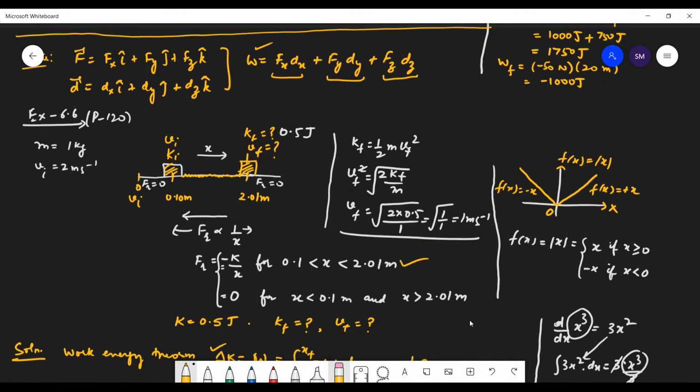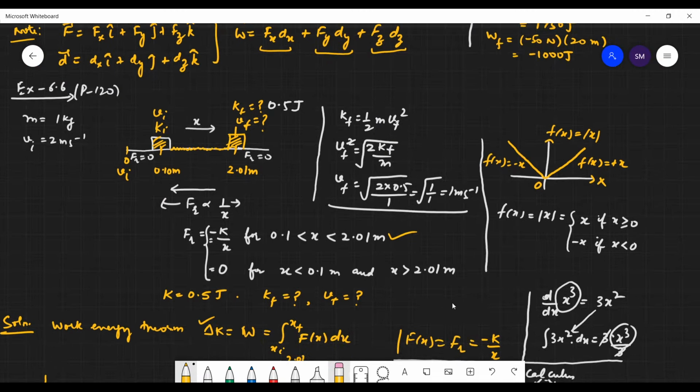Then we did another example, 6.6. You have a box here, and then there is a rough patch on the surface, so there is a resistive force. The surface was smooth from 0 to 0.1 meter, and then there is a rough patch up to 2.01 meter, and again the surface is smooth.